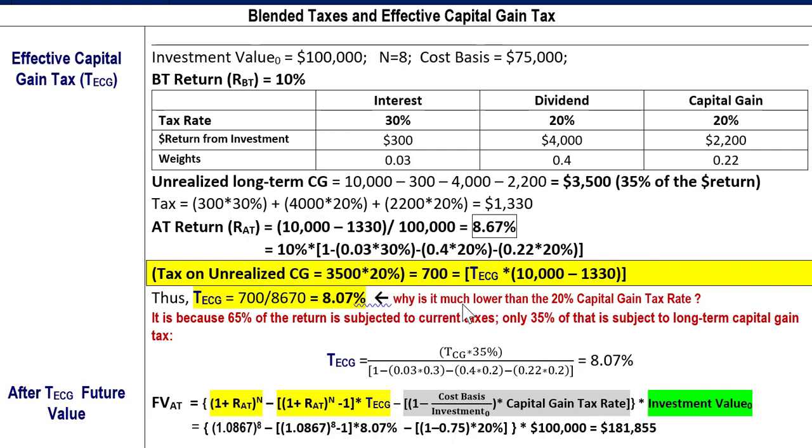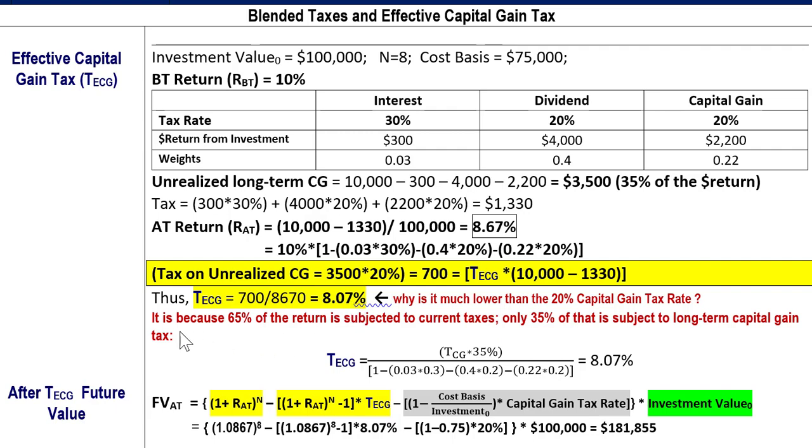Sometimes I could ask a question: why is it lower than 20%? Because your base is not the total gain. It's based on the gain in the future, and then your base is from the after-tax amount you already paid now, so that helps you calculate this effective tax rate.